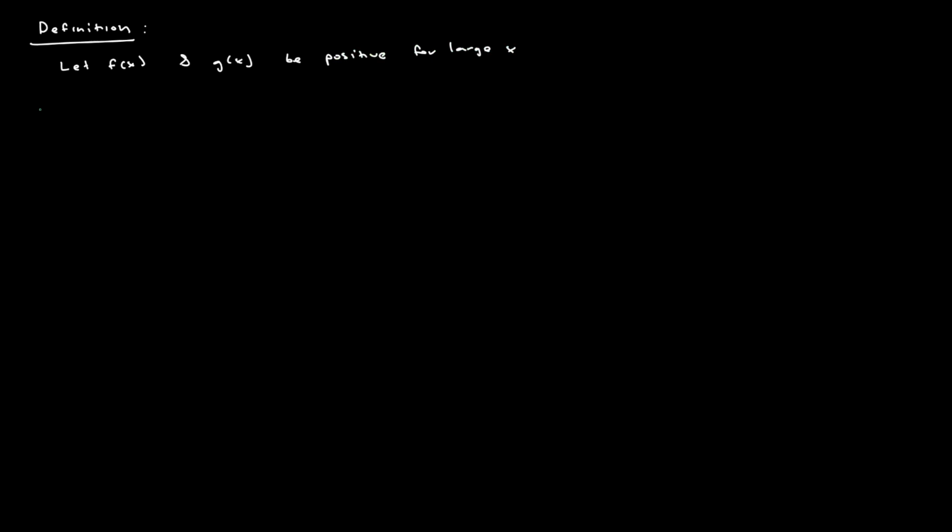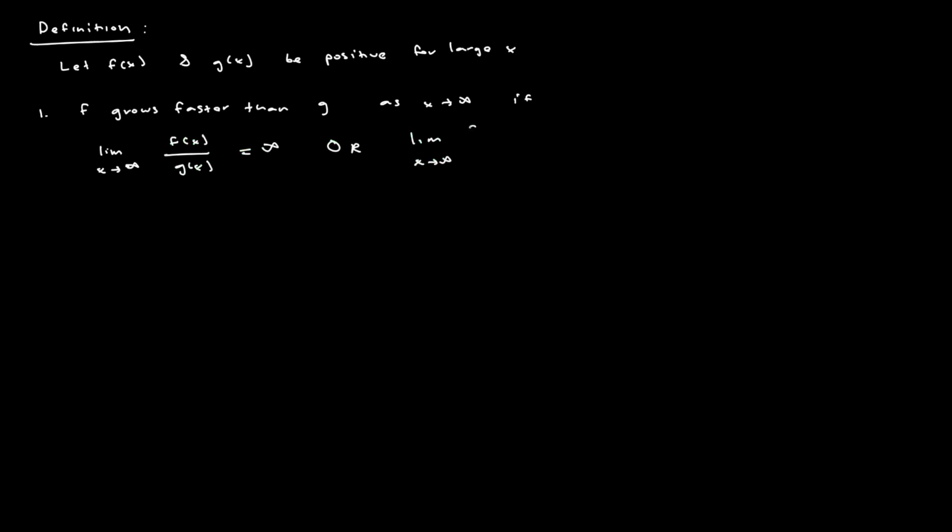So f grows faster than g, and you can also say that g grows slower than f, as x tends to infinity if the limit as x tends to infinity of f of x divided by g of x is equal to infinity, or the limit as x tends to infinity of g of x over f of x equals 0.